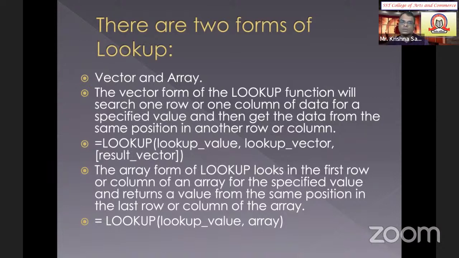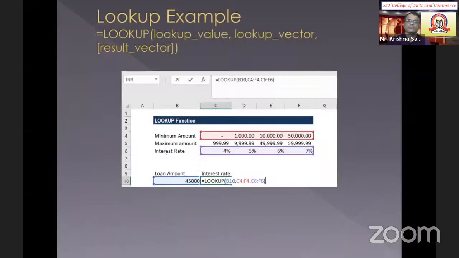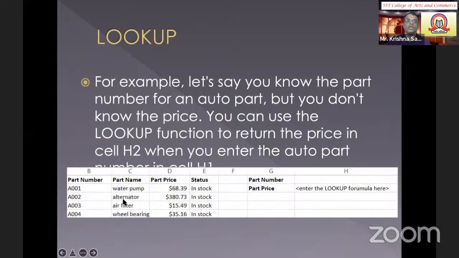So here, my lookup value will be, suppose, A002, then I'm going to look for it in this column, and I want the value from the D column because I need the price.